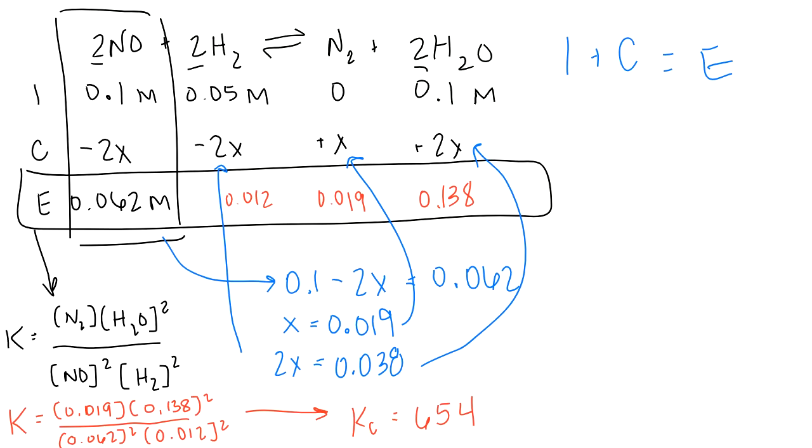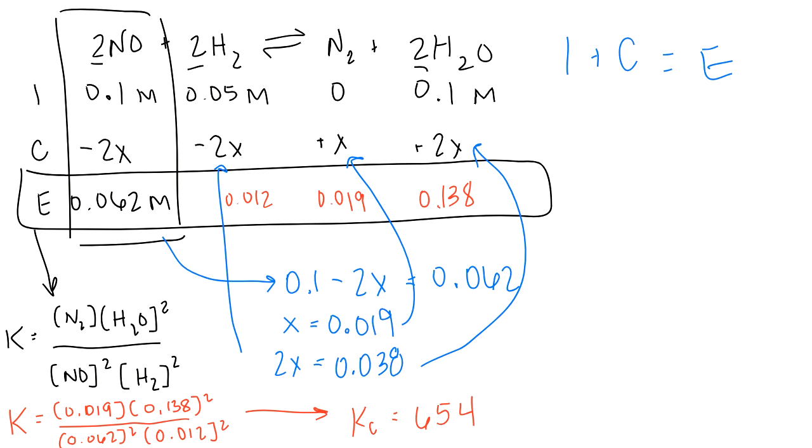So once we plug in all of our equilibrium values, we can find the value of Kc. So that's how we find the value of K from a given experiment.